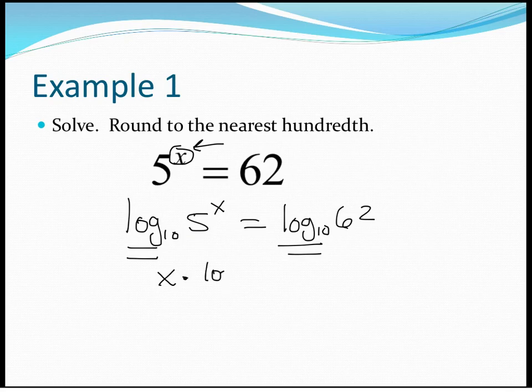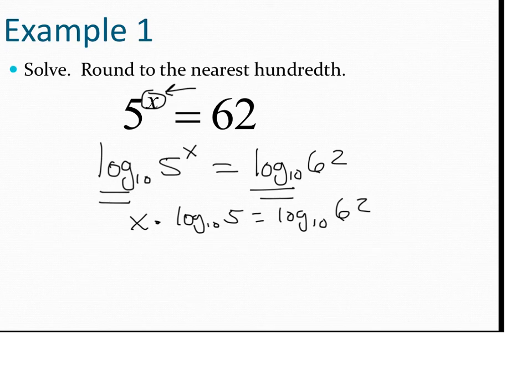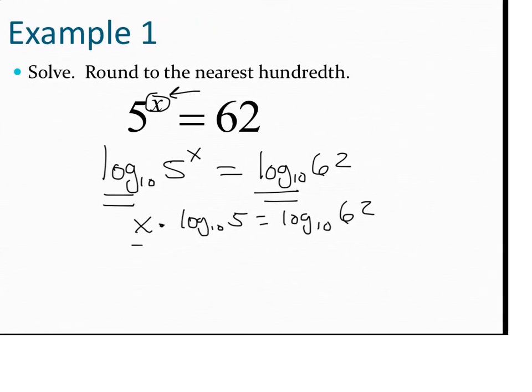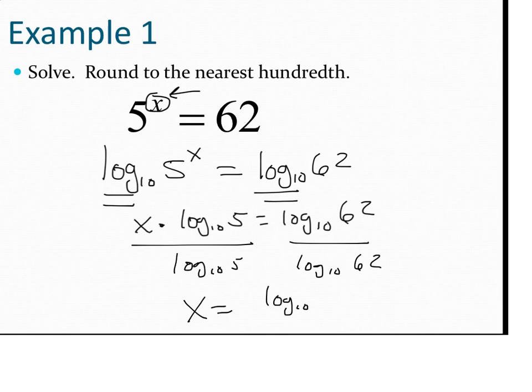So it's the same as x times log base 10 of 5 equal to log base 10 of 62. I'm going to go ahead and divide out my logarithms. And so x is going to equal log base 10 of 62 all over log base 10 of 5. I rewrote this wrong earlier; the denominator should be 5, not 62.